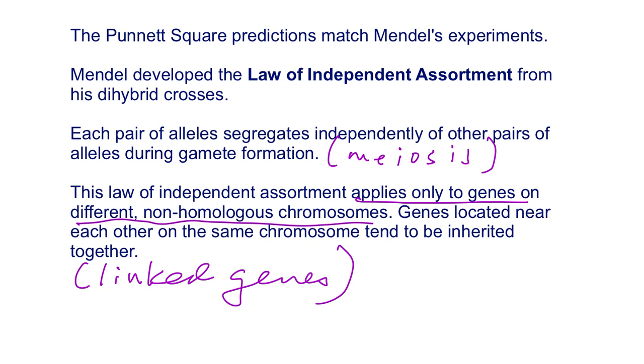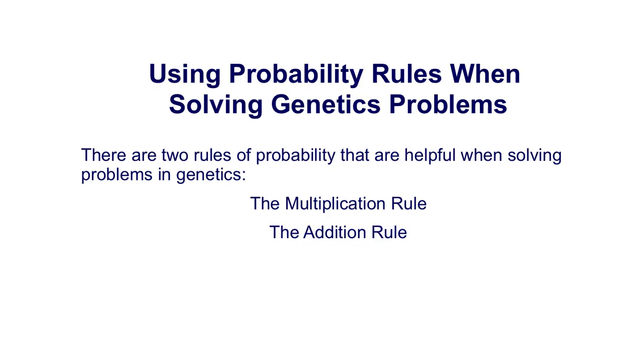So the law of independent assortment, Mendel stated that genes separate independently of each other. Okay, I'm going to show you a shortcut way that's really powerful, so you don't have to deal with the Punnett squares on these dihybrid, trihybrid, tetrahybrid crosses or more.